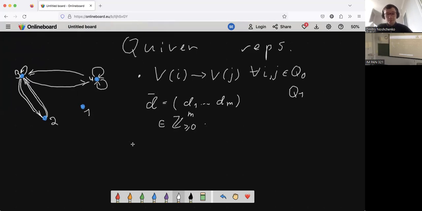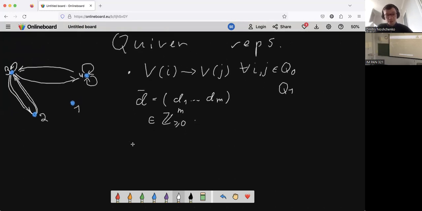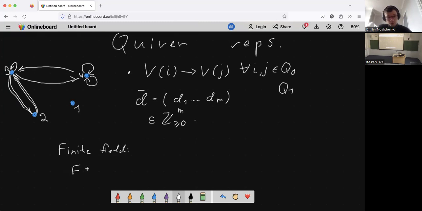So we consider a finite field F, fixed as F_q.